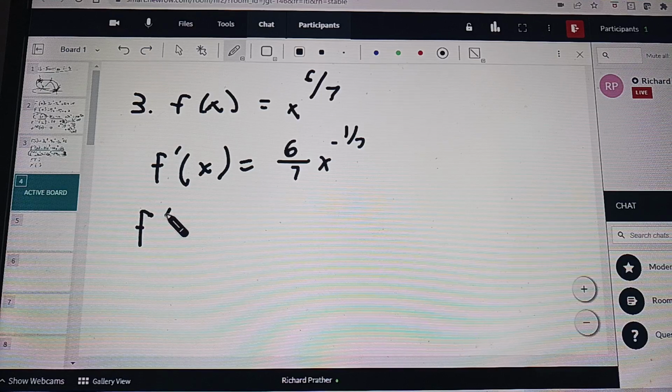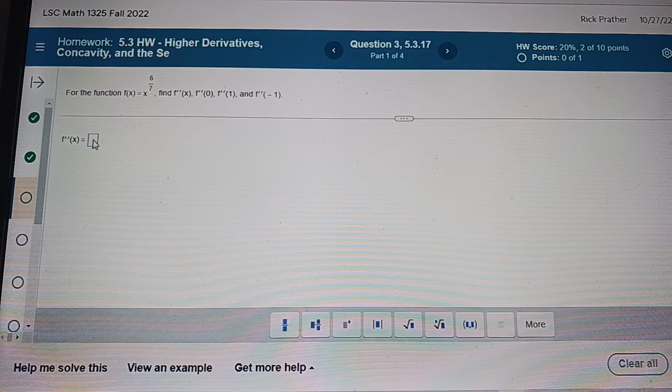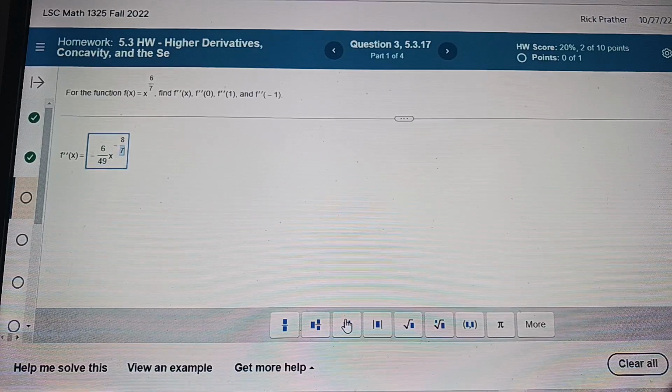Then I can do a second derivative of that. 6/7 times negative 1/7 is negative 6/49. X to the negative 1/7 minus 1, which is negative 1/7 minus 7/7. That's negative 8/7. Negative 6 over 49, x to the negative 8/7.